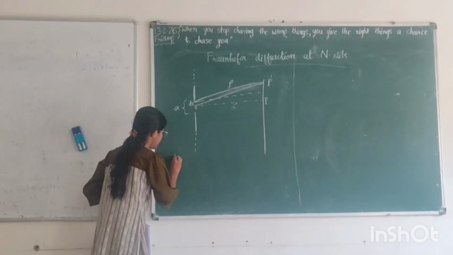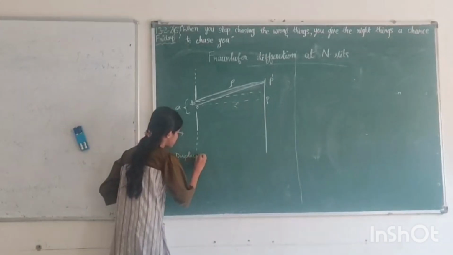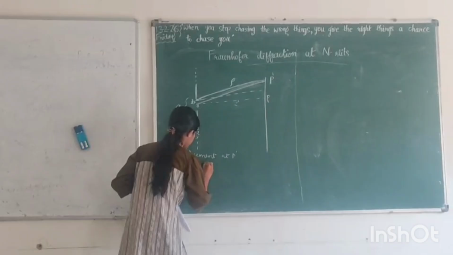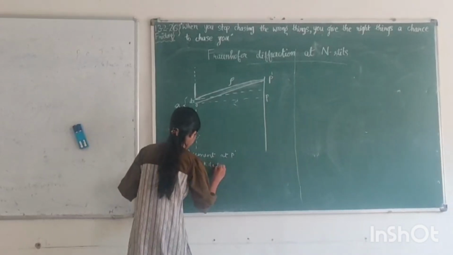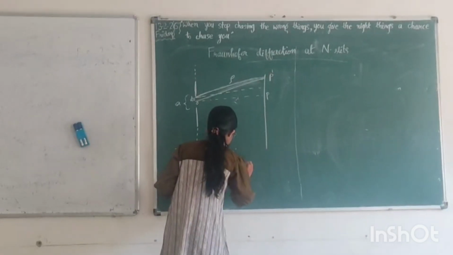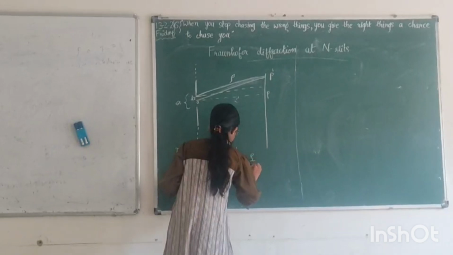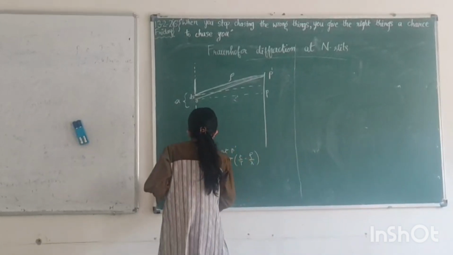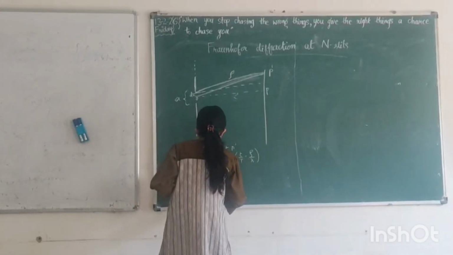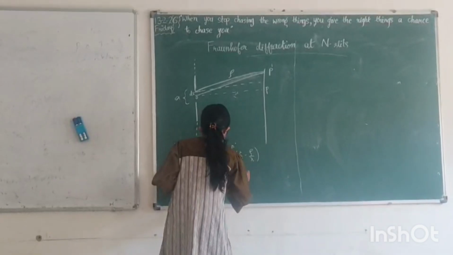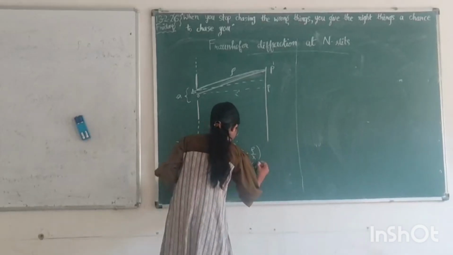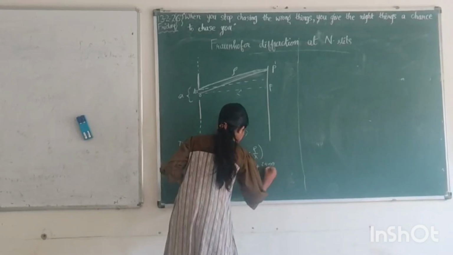That displacement will be equal to K dz sin 2 pi into t by T minus rho by lambda, which is equal to K dz sin 2 pi into t by T minus r by lambda plus z sin theta by lambda.